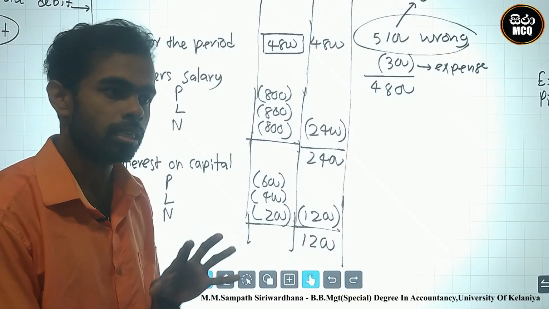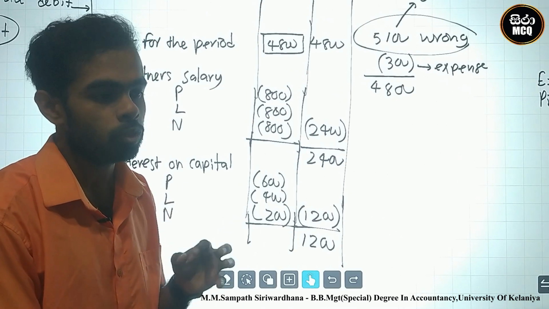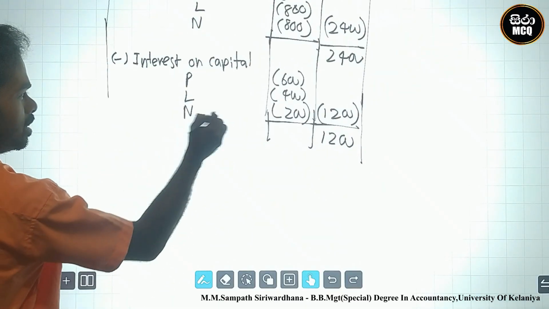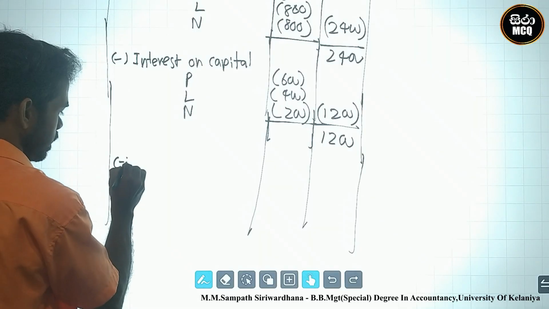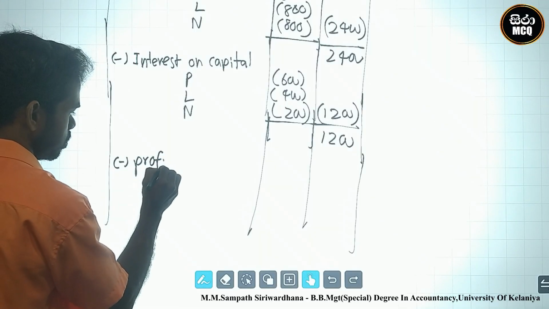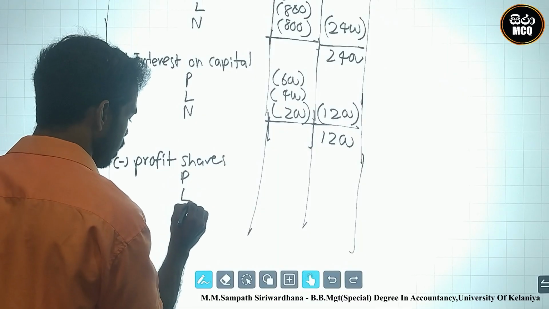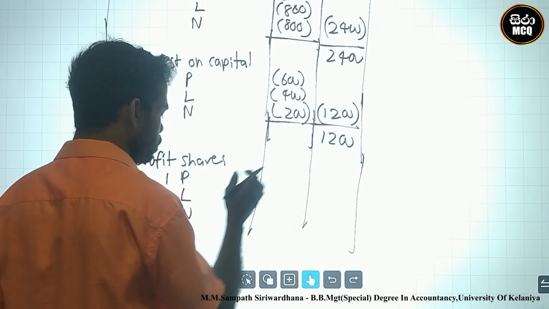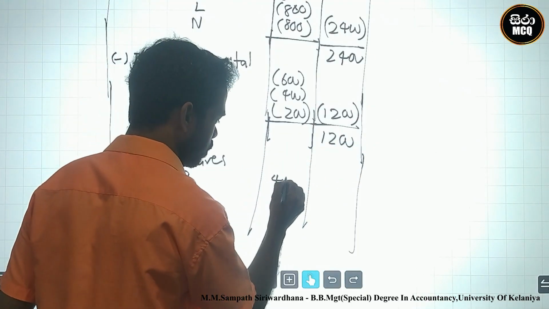For Neil was retired from the closing date, no? Therefore we must give him the profit shares. Therefore profit shares are equal. PL, Lal and Neil. This is the equal ratio. 1200 divided in 3 means 400.